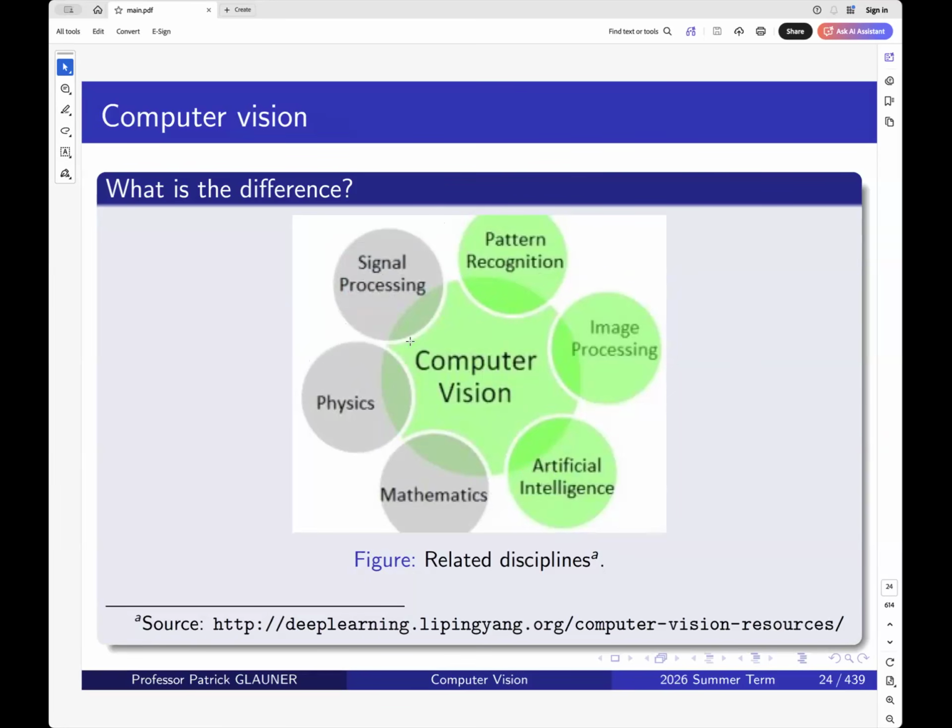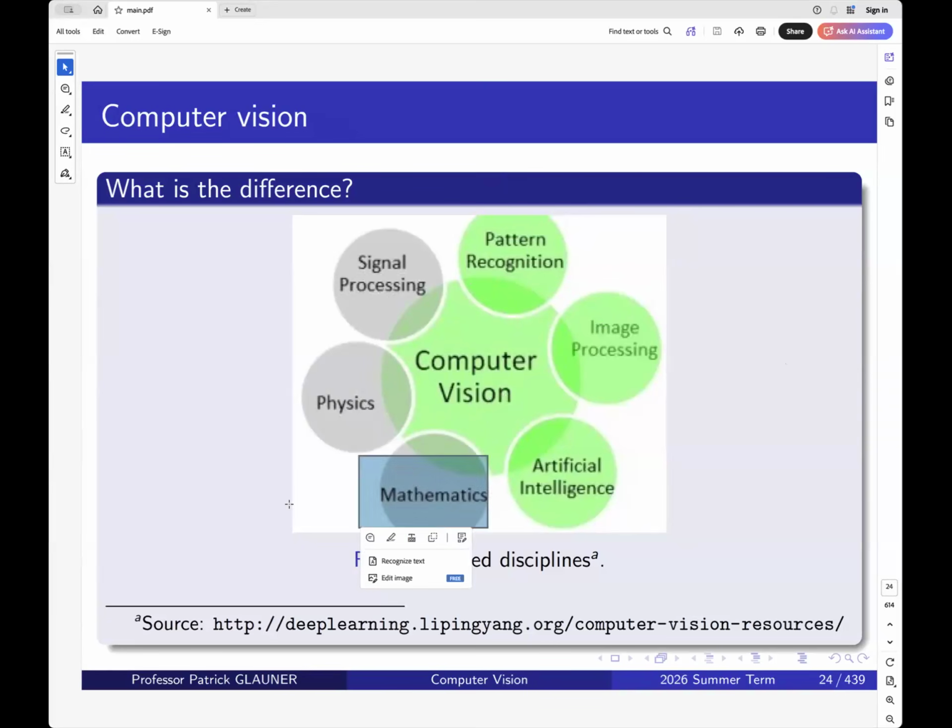Because it's a different interpretation. And sometimes that field is then not called computer vision, but machine vision, which is another term and means something slightly different based on where you look at it from. There is a big intersection with pattern recognition because we want to find patterns in data, but there are lots of different pattern recognition approaches, and we'll focus on machine learning in this course, in addition to some classical techniques.